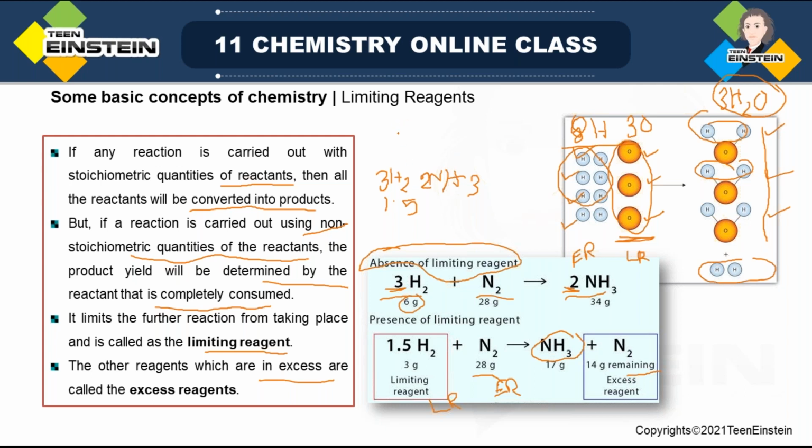So for 1 H2 it should be 2 by 3. Similarly, when it is 1.5, you multiply 1.5 with 2 by 3, and that gives only 1 ammonia. So you cannot get more than 1 mole of ammonia. Here the yield of ammonia is decided by the limiting reagent, hydrogen.